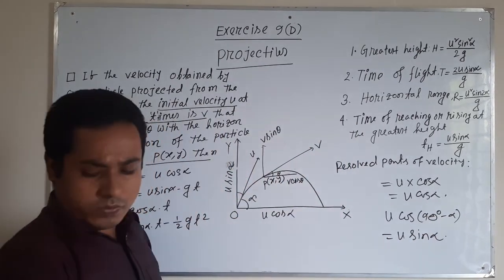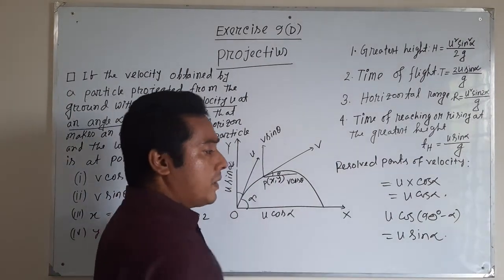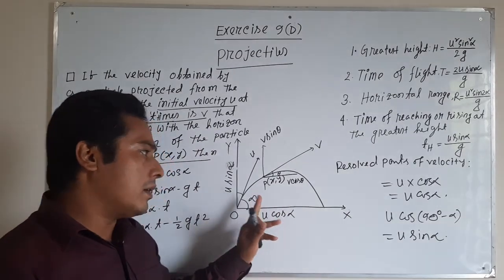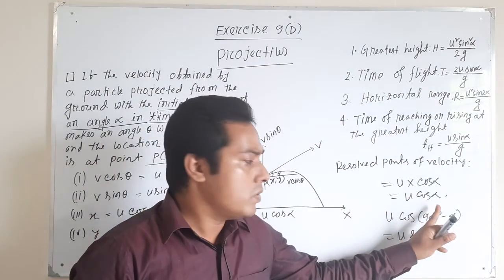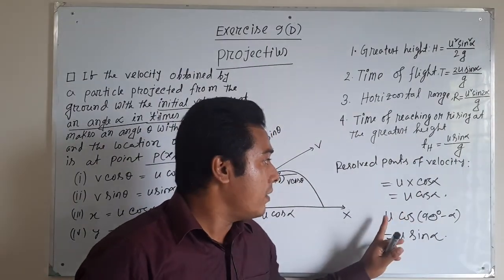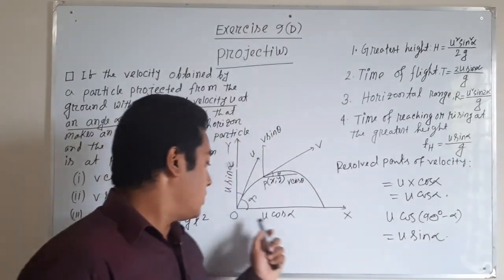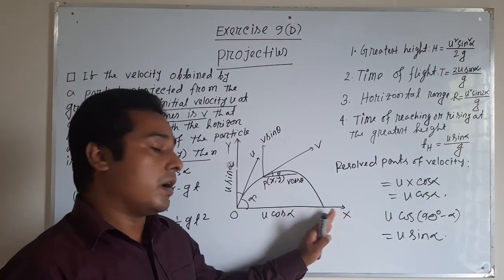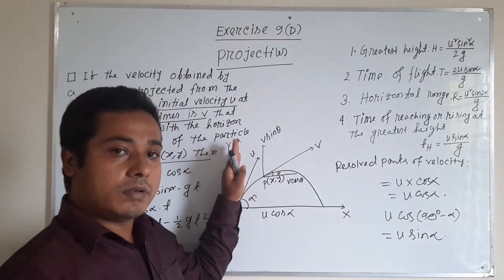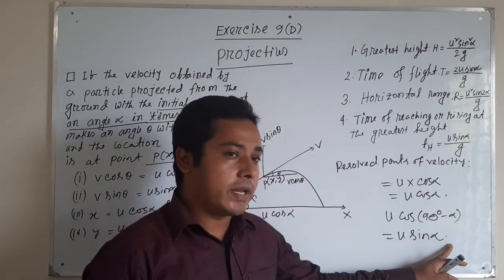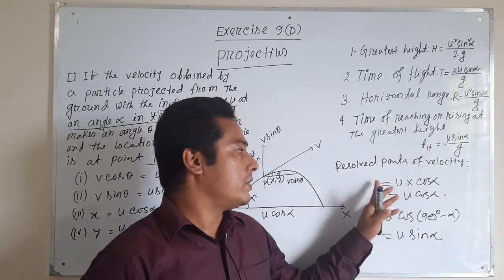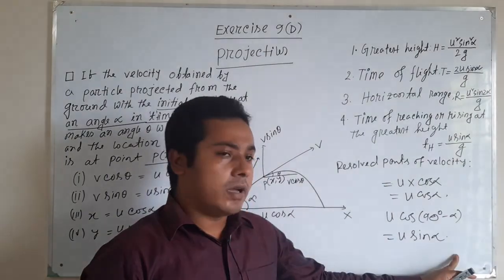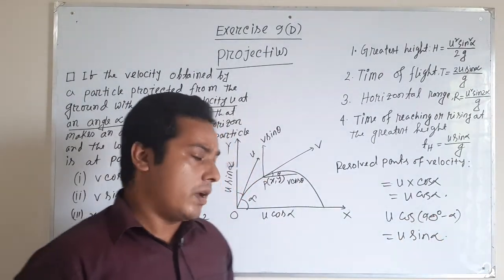You have to know that if the particle is thrown at angle alpha with the horizontal, the resolved part along the horizontal line is u cos alpha, and along the vertical line it is u sin alpha.